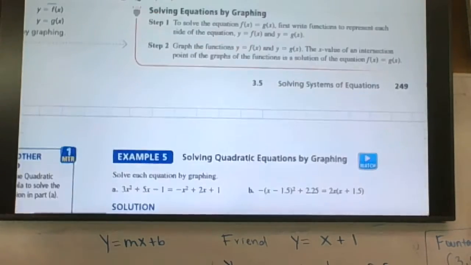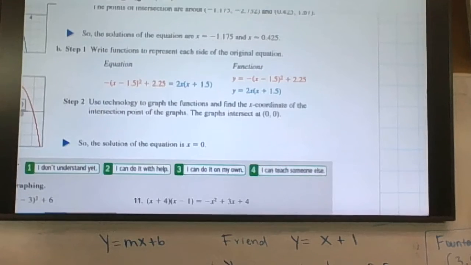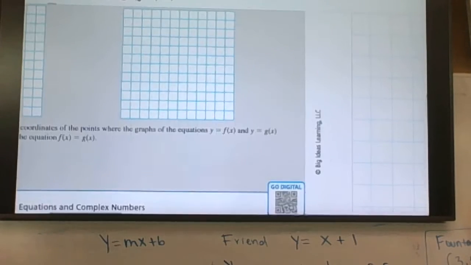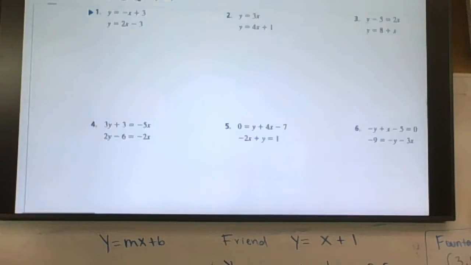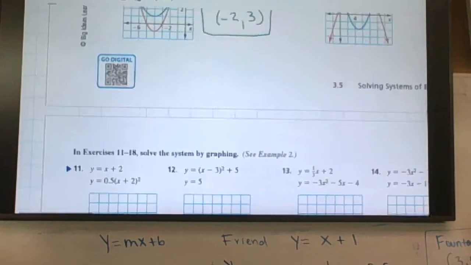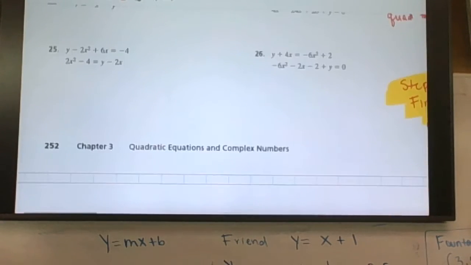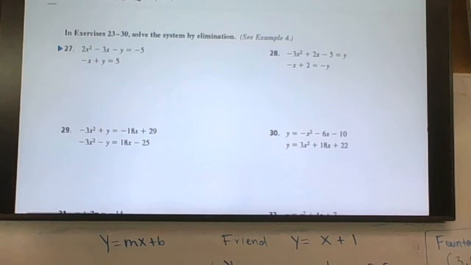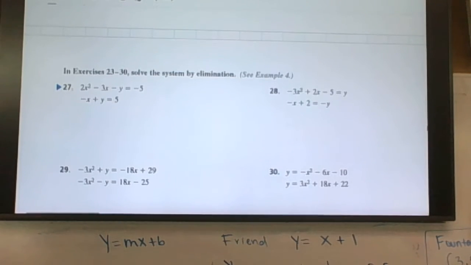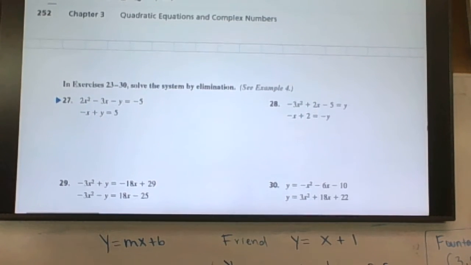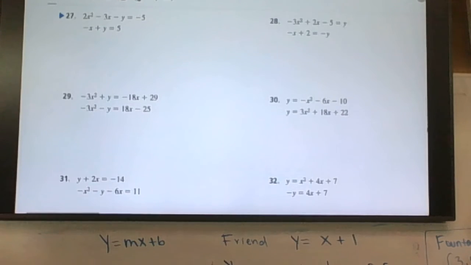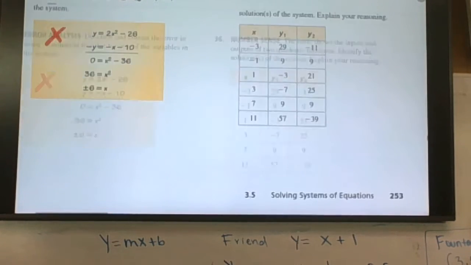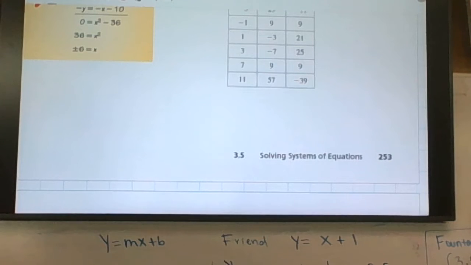Let's go right to your assignment, page 253.